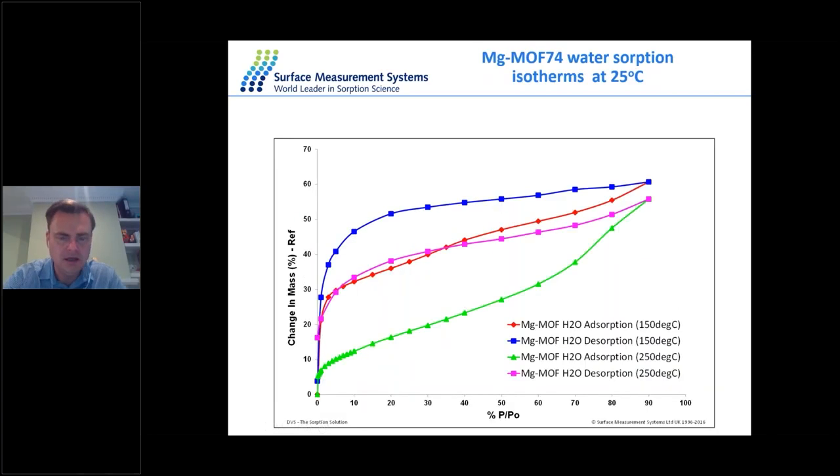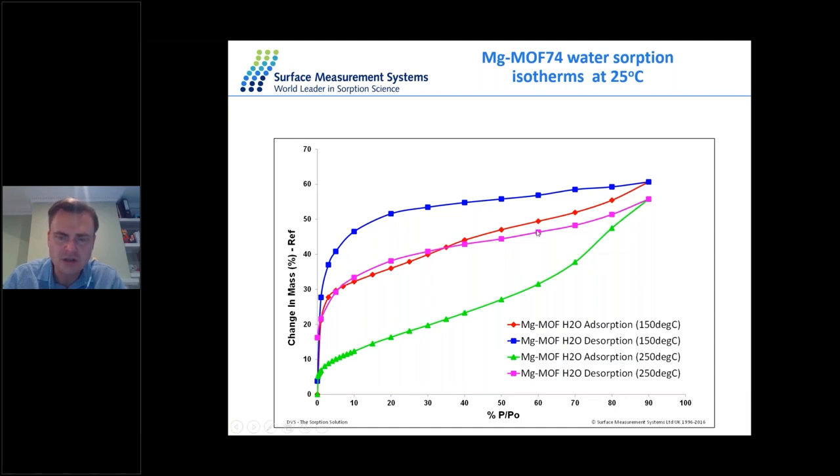Now, what you observe here is that if you outgas this magnesium MOF-74 at 150 degrees, you get a huge adsorption capacity, compared to the MOF outgassed at, let's say, 250 degrees, which is shown in the green line. The first striking observation is that the MOF outgassed at 250 degrees suggests that the structure was a little bit distorted or collapsed, because the adsorption capacity is much lower.